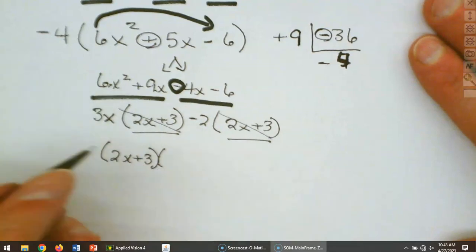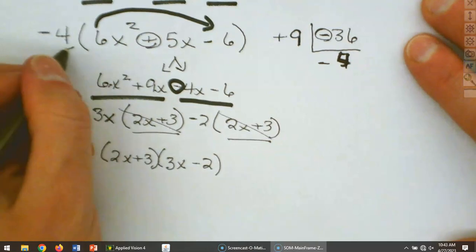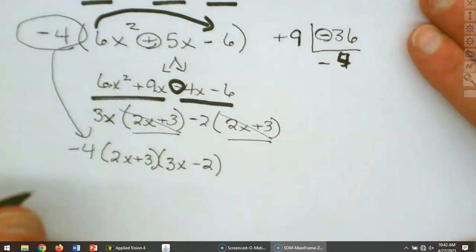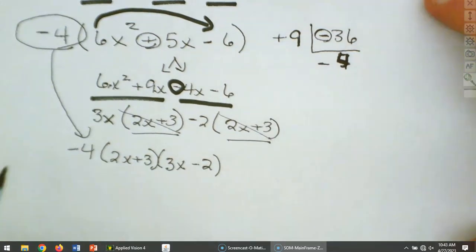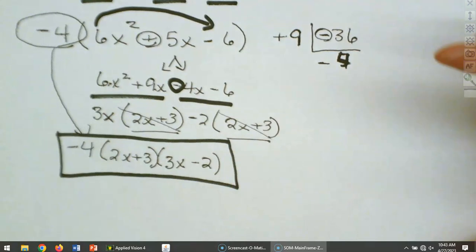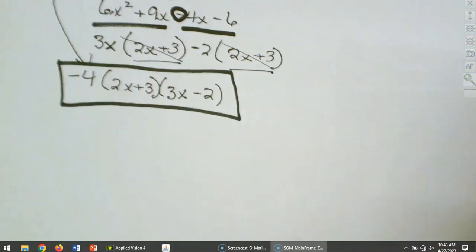Gone, gone. What's left over? 3x minus 2. And do not forget, what's out front of all of it is a negative 4. And there is your final, fully factored answer.